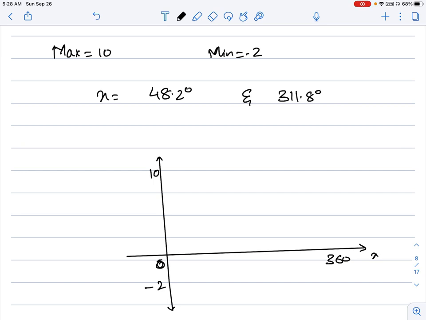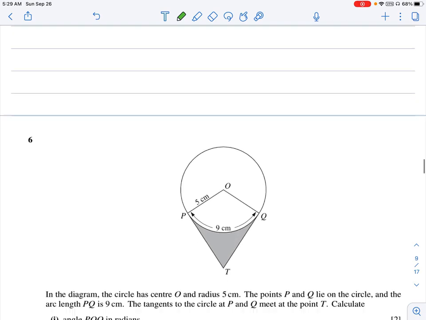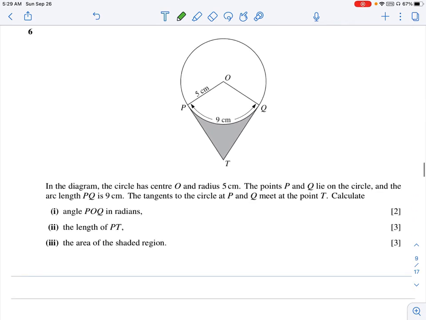Then the origin is O. Now it goes from minimum to maximum and comes down, and we know that these values are 48.2 degrees and 311.8 degrees. So this is the approximate curve. That's question number 5.